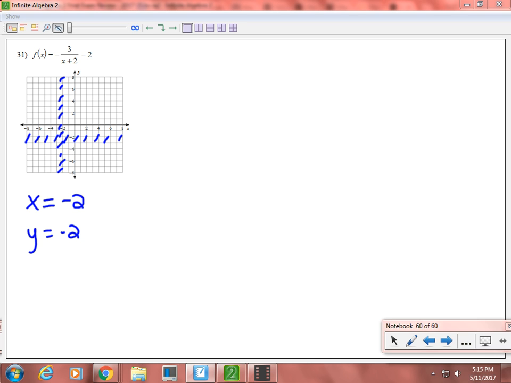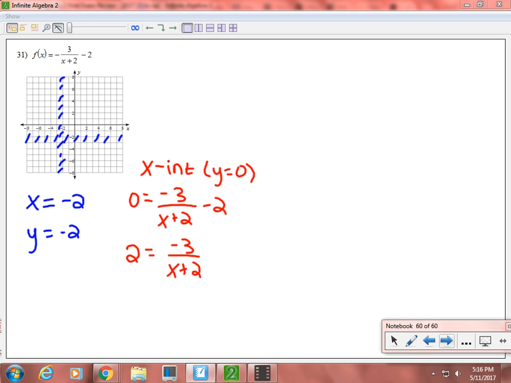Okay, so from here, I want to find intercepts that go along with this. So I need to find my x and y intercept. So remember that when you're finding your x-intercept, this is the harder one, that your y value is equal to 0. Okay, so I say 0 equals -3 over x plus 2 minus 2. Move the 2 to the other side, -3 over x plus 2.